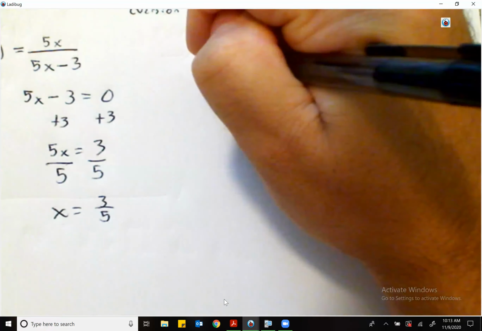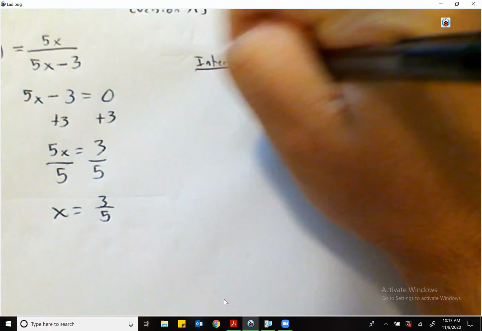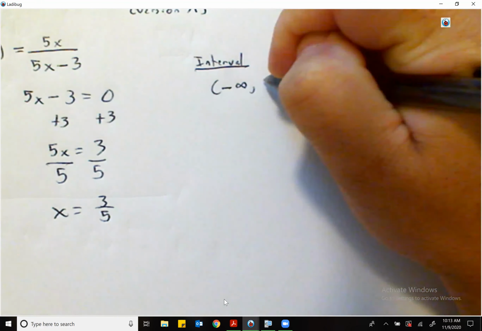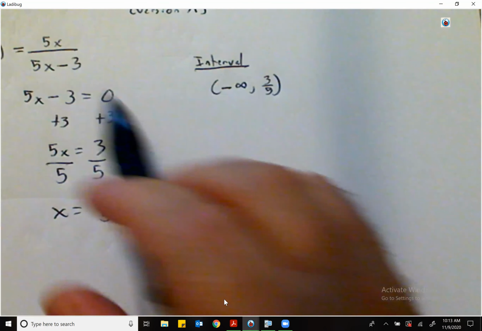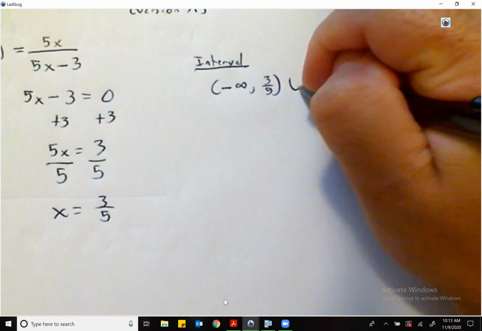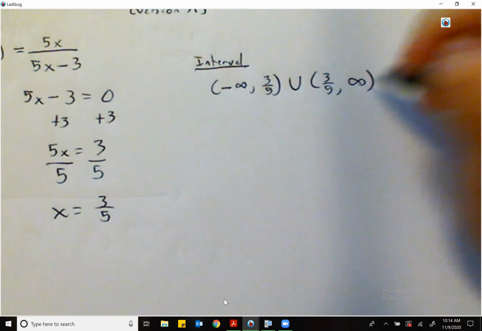If we did interval notation, because I taught you that, it would have looked like this: parenthesis, negative infinity to 3 over 5, because we do not like this number. This is the number that creates 0 up here, and we can't divide by 0. Union, 3 over 5, all the way out to positive infinity.